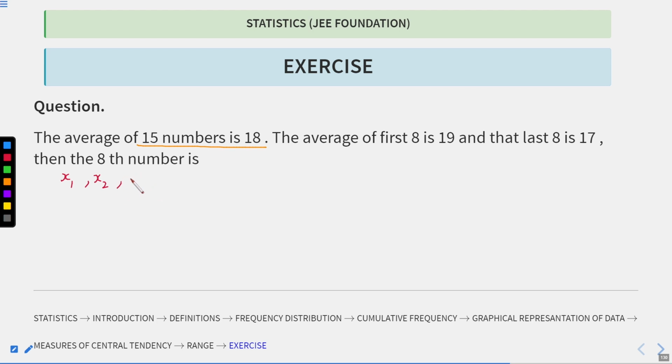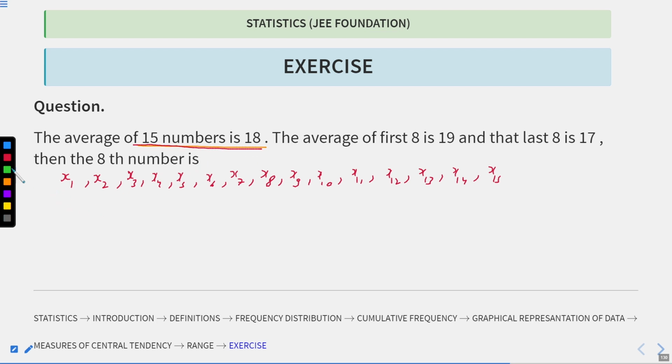Let me write the remaining numbers: x3, x4, x5, x6, x7, x8, x9, x10, x11, x12, x13, x14, x15. So the average of 15 numbers is 18.